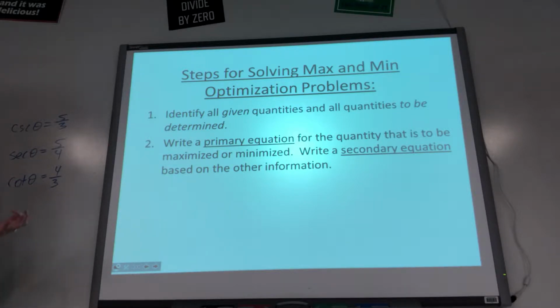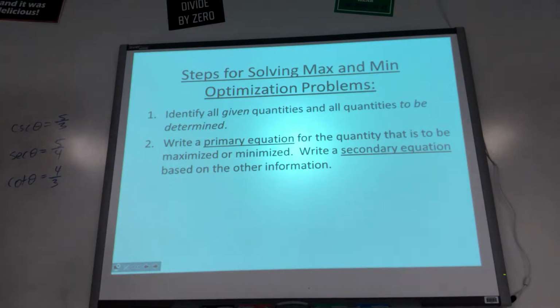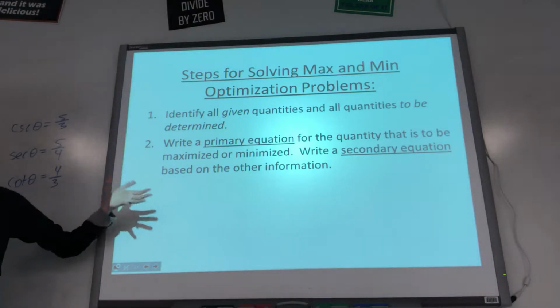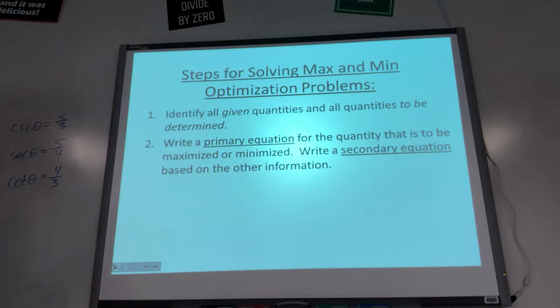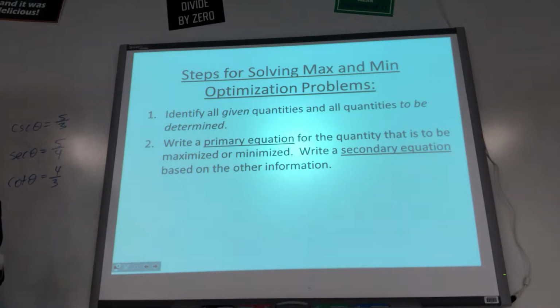Write a secondary equation based on the other information. And I will label each of those. It is going to be important to know which equation is the primary and which one is the secondary.